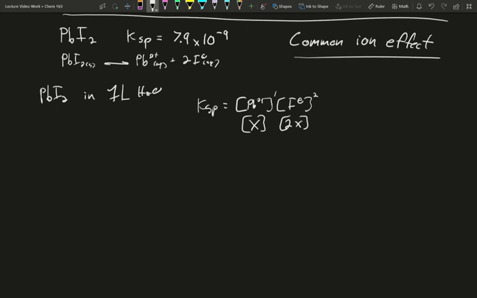However many lead iodides fall apart, I'll get that many leads, and I'll get twice that many iodides, which is going to give us, as we distribute that 2, 4X squared times X, or 4X cubed, which must equal our KSP of 7.9 times 10 to the minus 9.